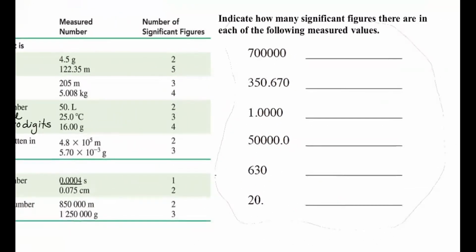Let's determine how many significant figures we have in the following digits, okay? Let's go through the first one. Let's put it in the chat. 700,000. Great job. This has one sig fig. My shorthand for sig fig is SF. Let's look at the second measured value.